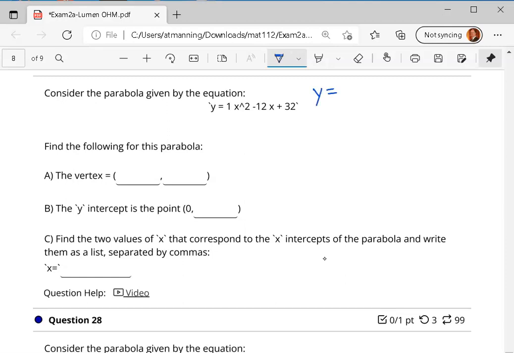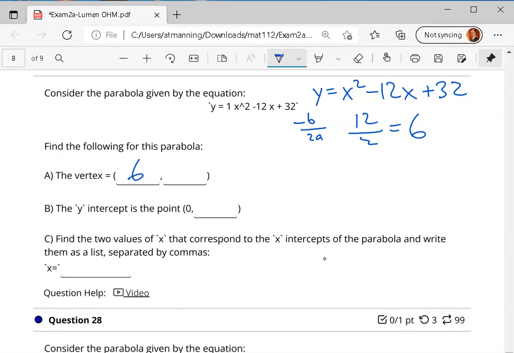Y equals x squared minus 12x plus 32. Remember, the vertex is negative b over 2a, because it's negative b plus or minus the square root of b squared minus 4c over 2a. So that's going to be the center of our parabola. Negative b is 12, over 2, or 6. The vertex is at, well, we know it's an x of 6.